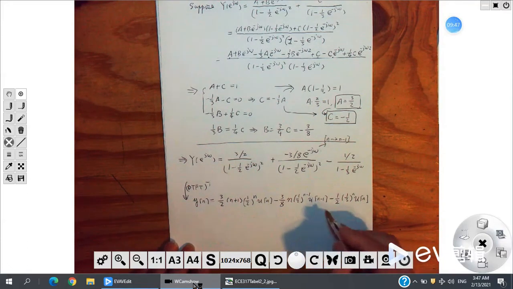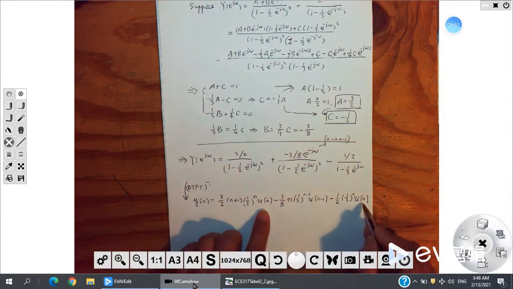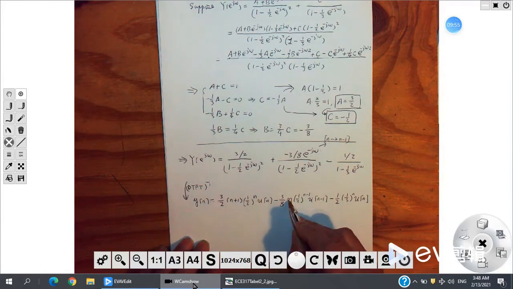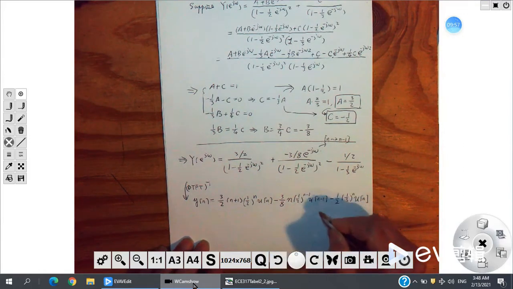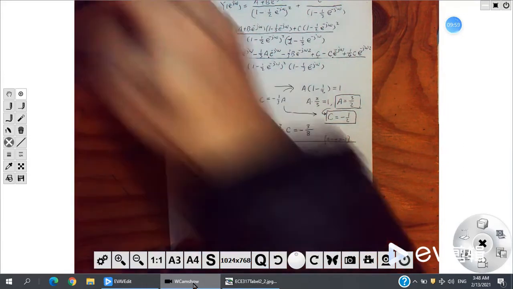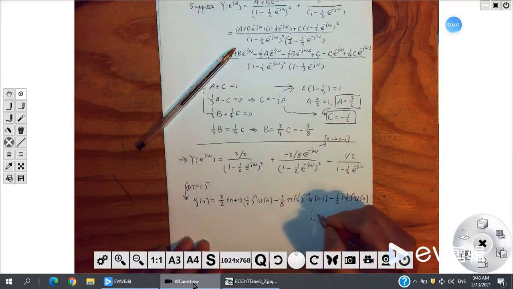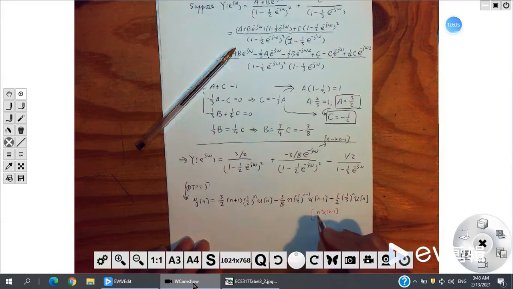You look at this one. Here's u of n minus 1, right? The other two terms are u of n, but we have n in front. So we notice n times u of n minus 1: when n is 0, this is 0. And n times u of n, when n is 0, is also 0.